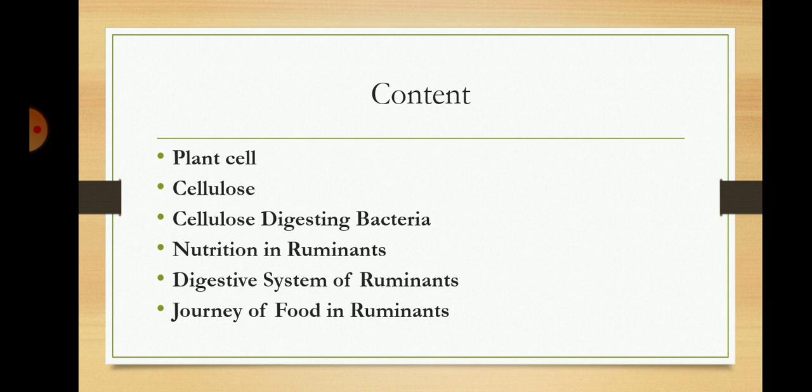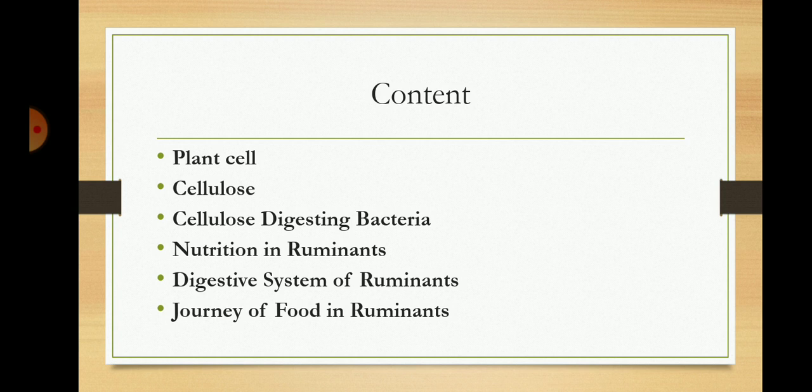Therefore, students, it is very important to know about the plant and the plant cells. These are the structural and functional unit of the plant. Then we will study about cellulose, what is cellulose, and then cellulose digesting bacteria.